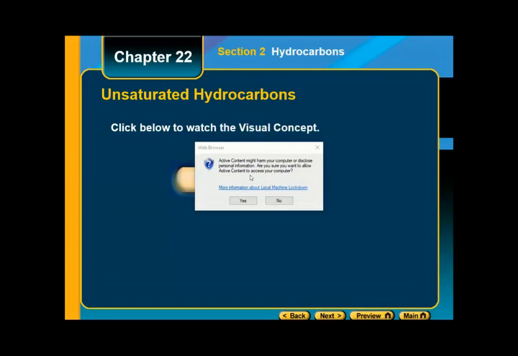So with the same name, if you have two carbon atoms, it will be ethene. Here we have a triple covalent bond, three bonds here, so it's called ethyne, which belongs to the alkynes. Here we have a double bond, so it's ene, not yne. This is the difference between alkane, alkene, and alkyne.